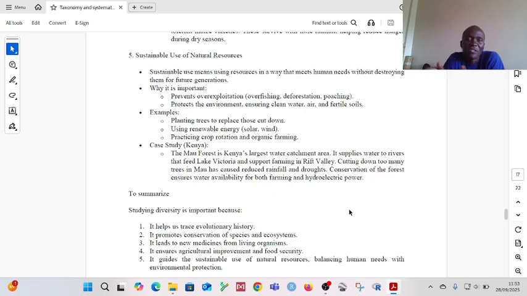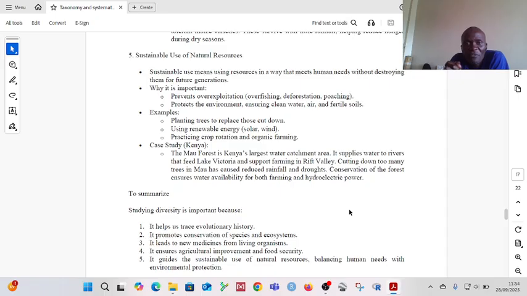Overexploitation in this case could be overfishing, for example, deforestation, for example, poaching. Okay? When we use it sustainably, we prevent overfishing, we prevent deforestation, we prevent poaching. You just get enough of what you want.